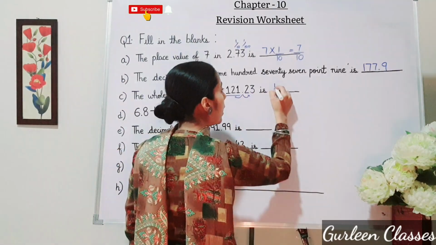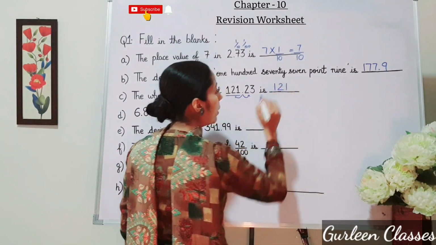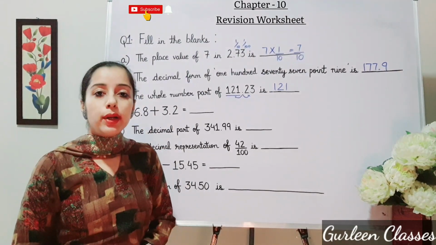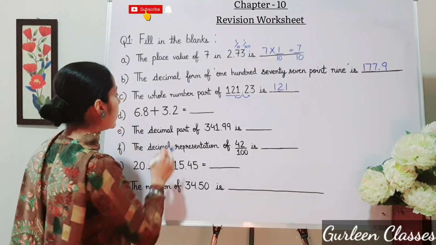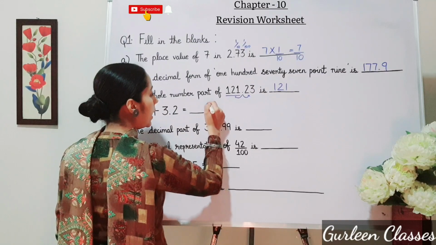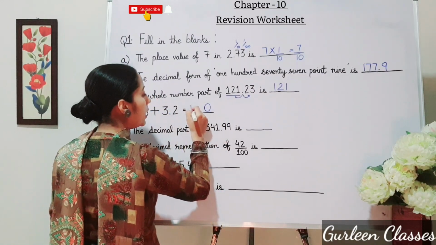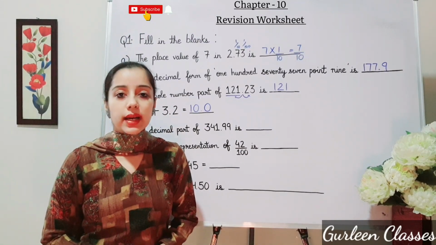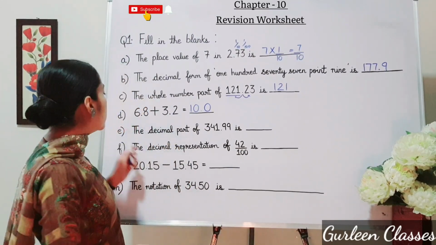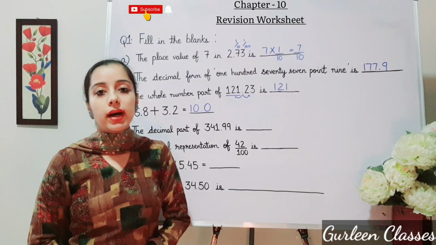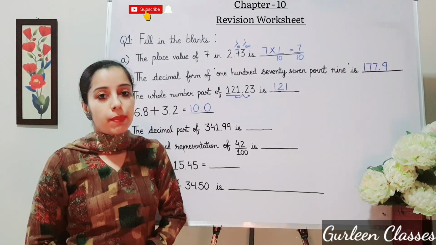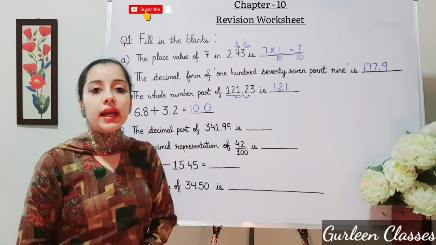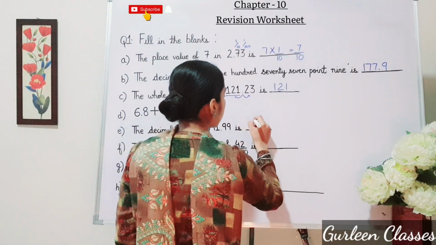So the whole number part is 121. Now D part, 6.8 plus 3.2 is equal to, let us add here, 8 plus 2, 10, 6 plus 3, 9, plus 1, 10. Answer is 10.0, that is 10. Next, the decimal part of 341.99 is, decimal part is after the decimal point. So after the decimal point it is 9. So right here 9.